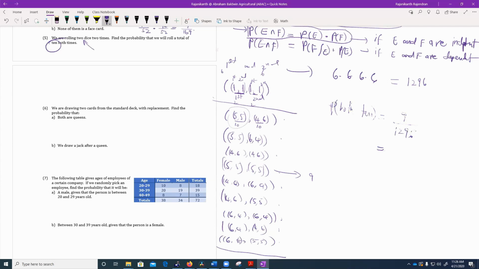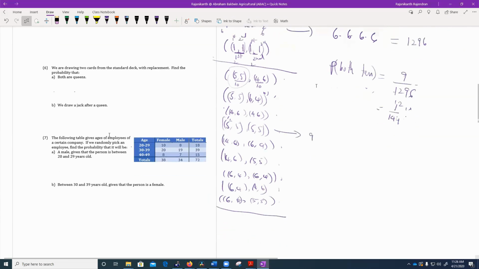So what is that number? 1/144. Okay, very good. Makes sense. You understand this question? Right. So now let's move to the next one.